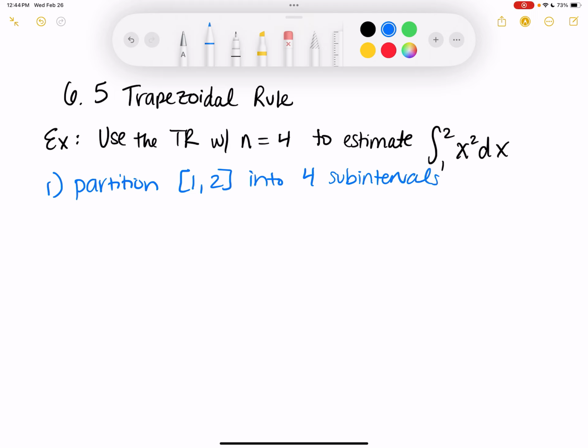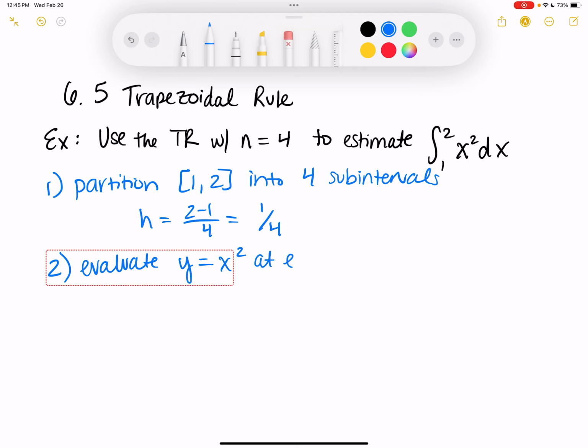So h equals (2 minus 1) over 4, increments of 1/4. Then evaluate y equals x squared at each partition point.